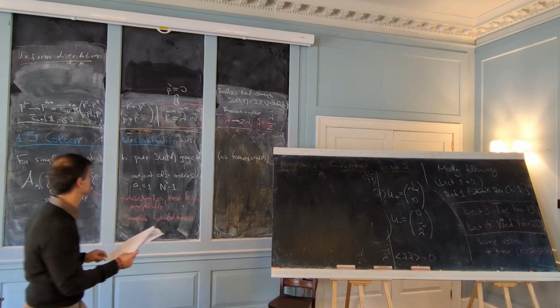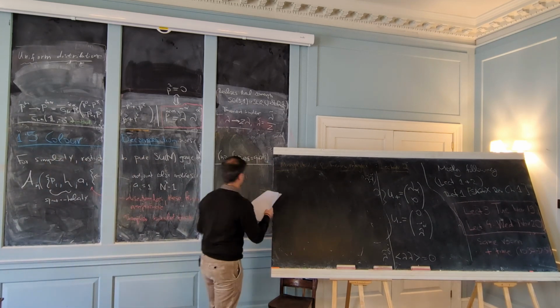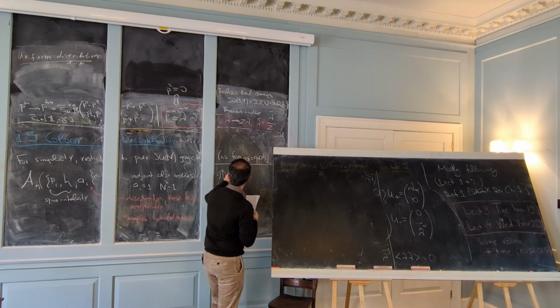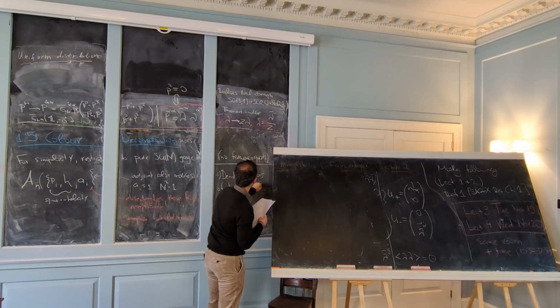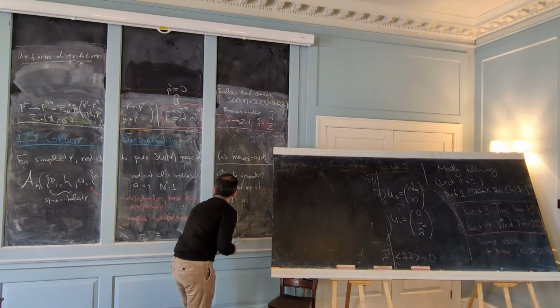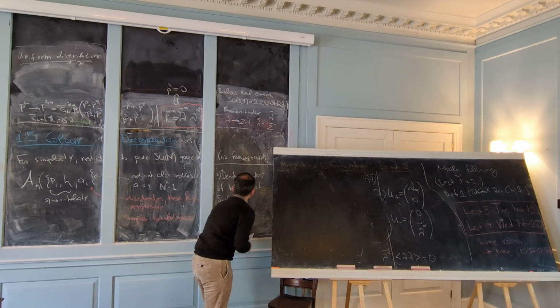All right. So the first thing we do, let's denote the generators of the fundamental representation of SU(N) as (T^a)_ij, which are Hermitian and traceless matrices.